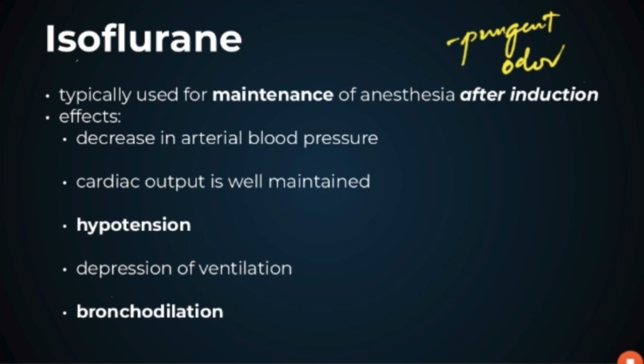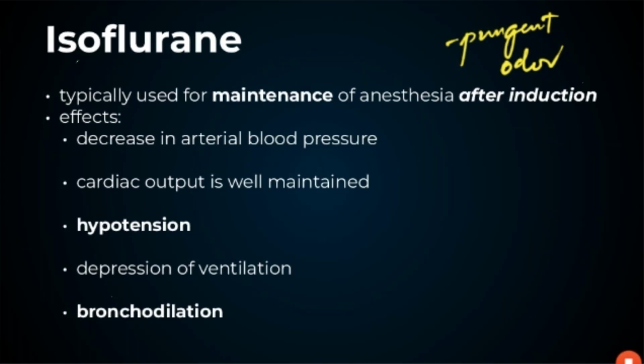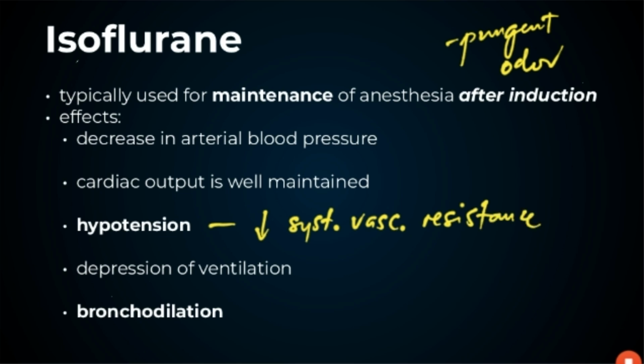It produces a concentration-dependent decrease in arterial blood pressure, but the cardiac output is well maintained. So hypotension is the result of decreased systemic vascular resistance. Isoflurane also produces concentration-dependent depression of ventilation, and it causes bronchodilation.